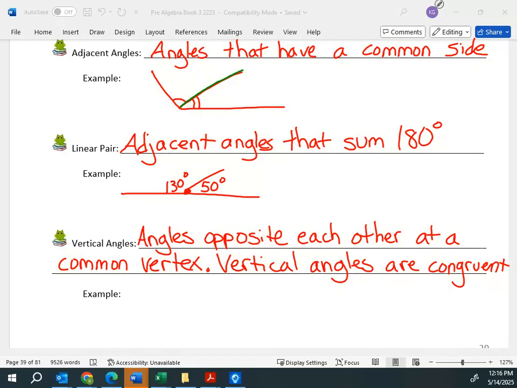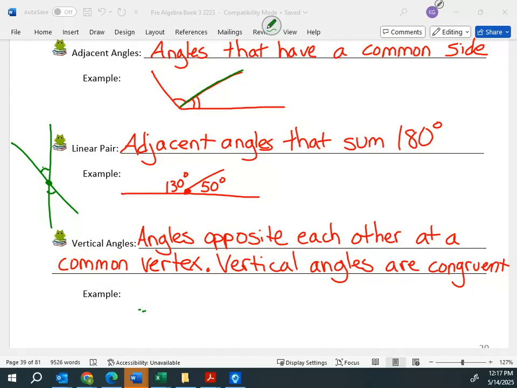So an example, I'm gonna put it up higher up here, so I'll put it in green. You're gonna write it down here where it says example, but I want people to see it. Vertical angles make an X. Okay, they share that vertex. When I do one line on each of these angles, what does that one arc mean? If you see this one has one arc and this one has one arc, what does that mean, Harper?